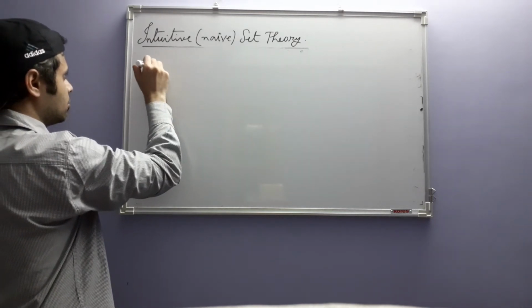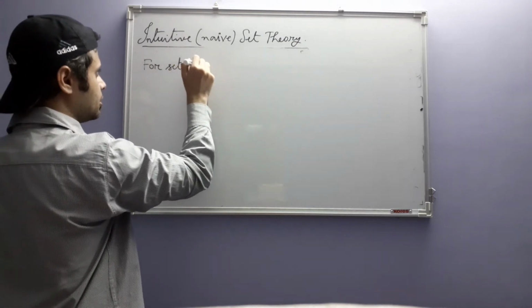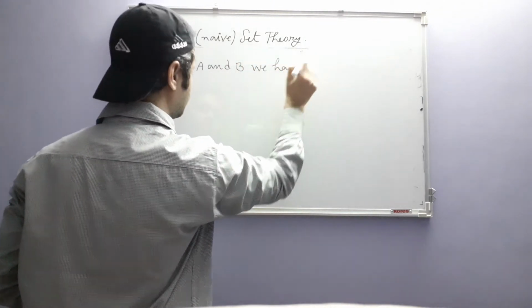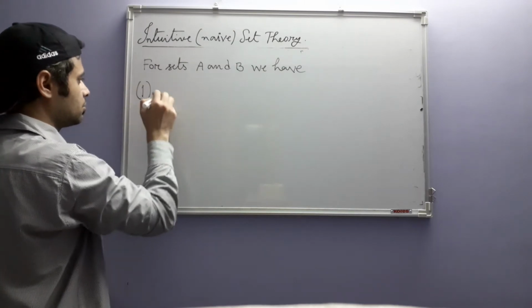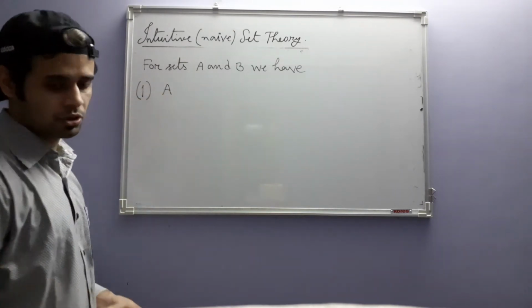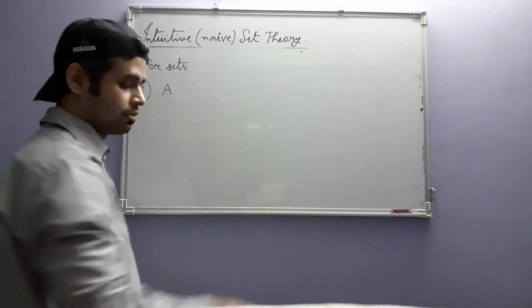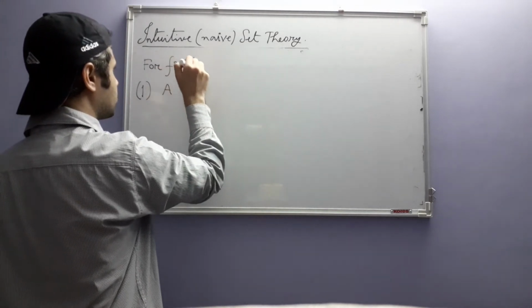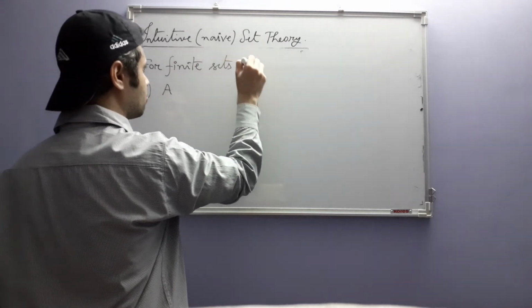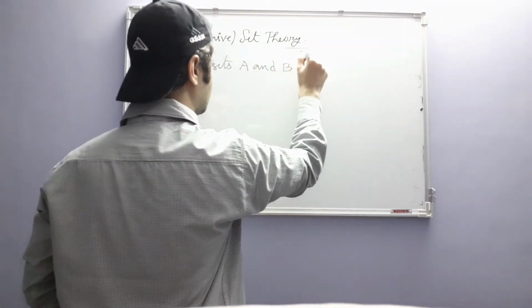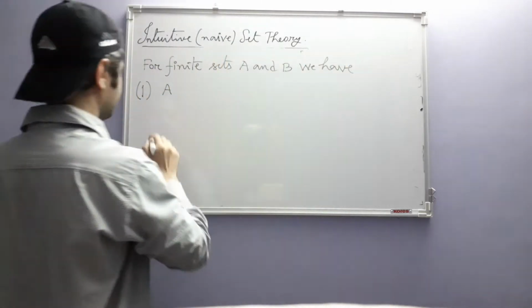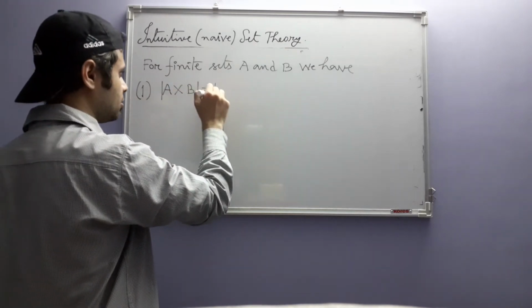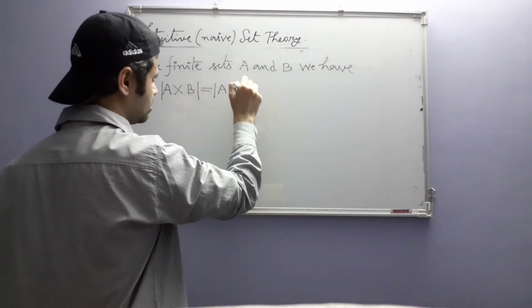For sets A and B, we have number one, for finite sets, cardinality of A cross B is nothing but cardinality of A times cardinality of B.